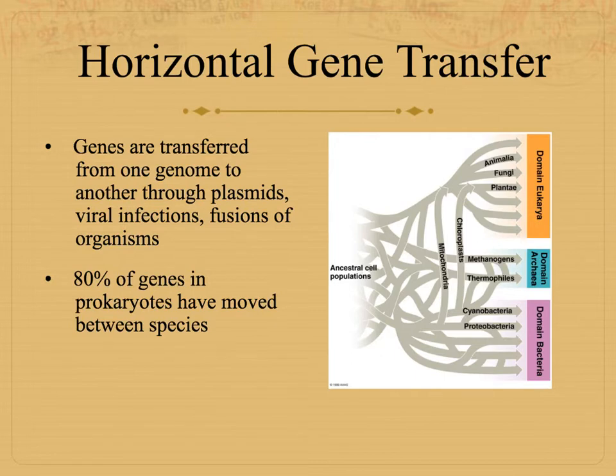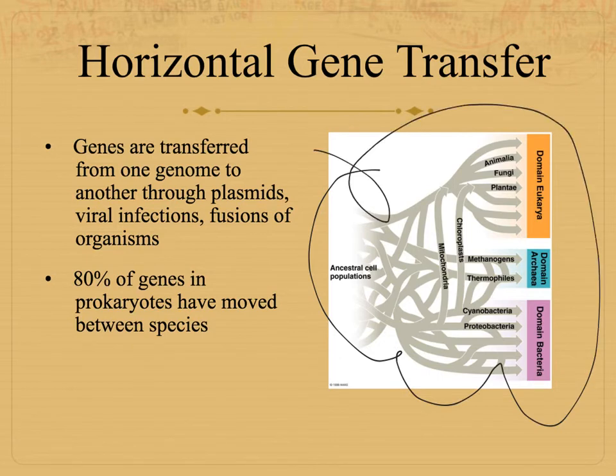And when we study those prokaryotes, we can see that about 80% of the genes have moved between species. So that kind of puts us in this crazy, not even a tree anymore, but this tangled web of roots where we have ancestral populations giving rise to all kinds of differing branches that are maybe converging or diverging. Okay, so the question is, was it the one that we just looked at, or is it more like this, and this is how life all came about?